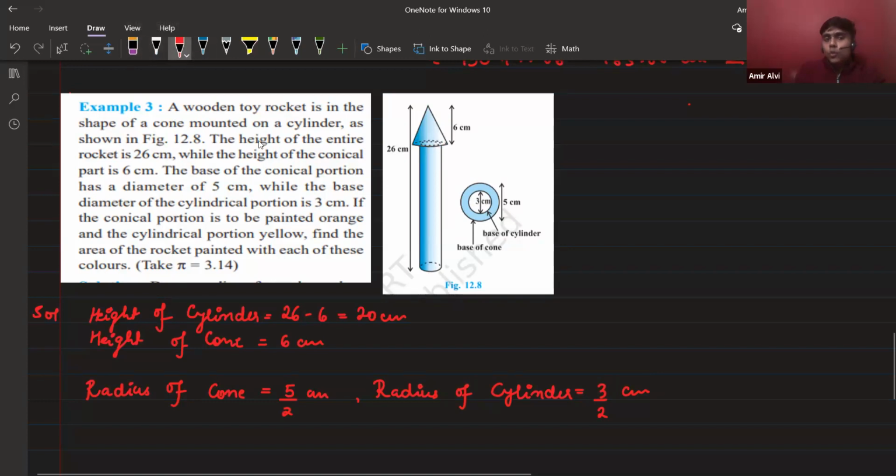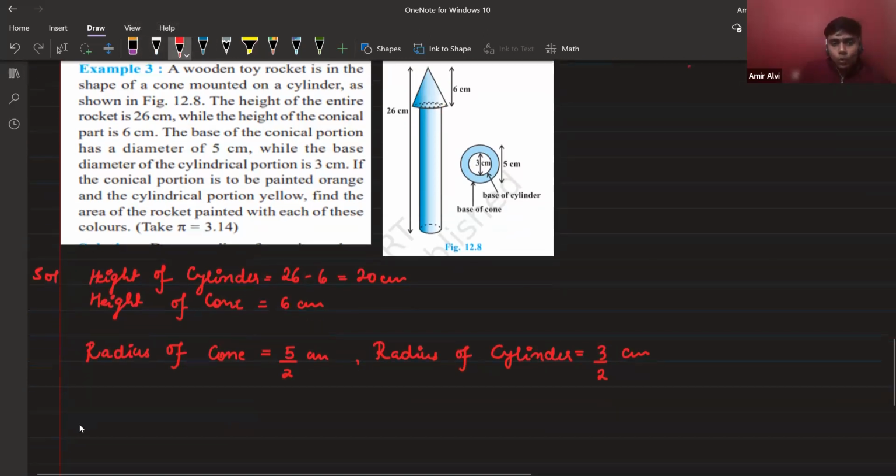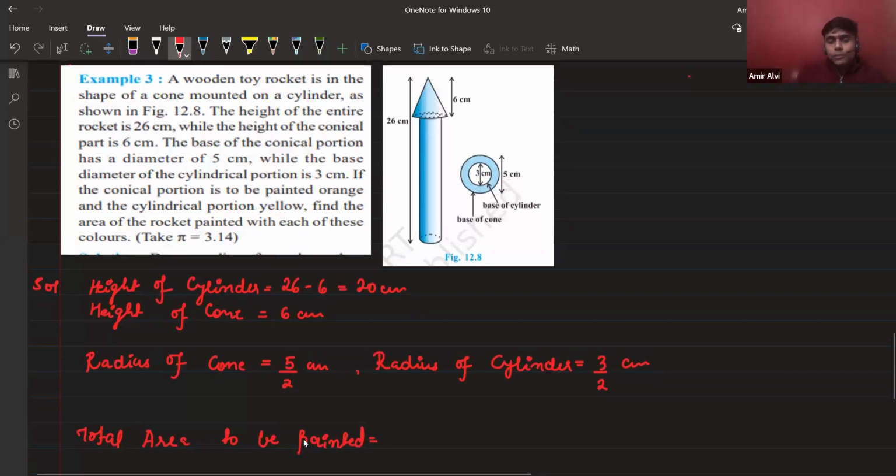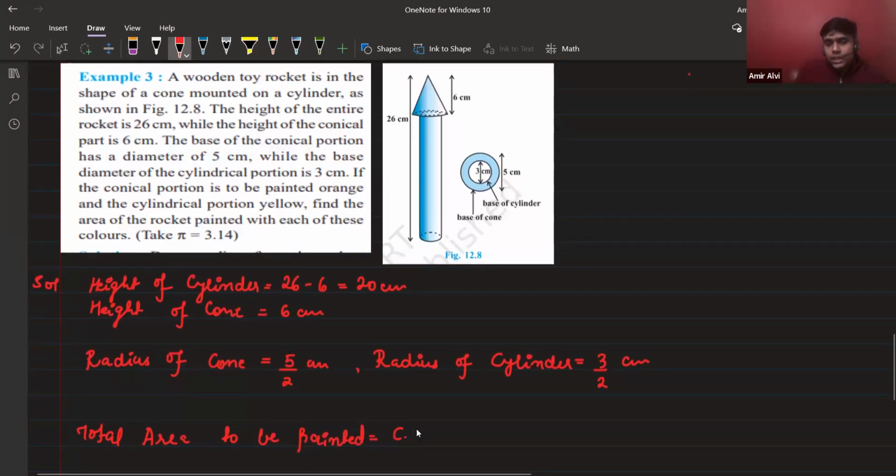So the total area to be painted will be equal to the CSA of cone, this outer curved part, clear?